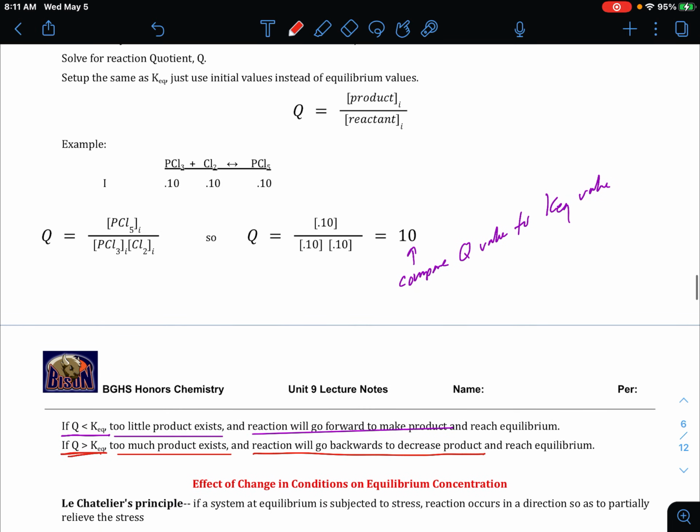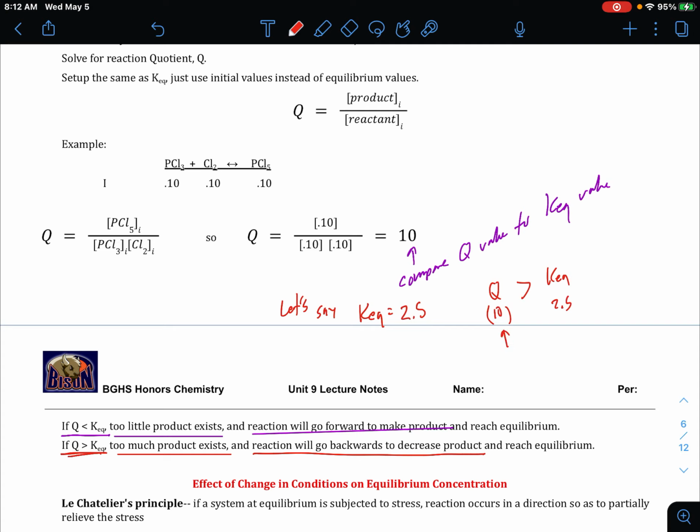So, hypothetically speaking, let's say KEQ, I'm just making an arbitrary value here. Let's say KEQ is like 2.5. In this instance, Q, which is 10, is greater than KEQ, which is 2.5.